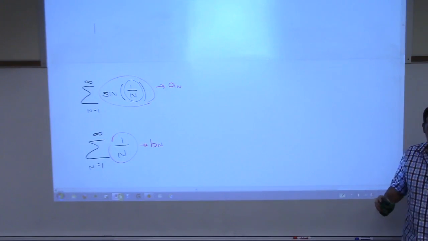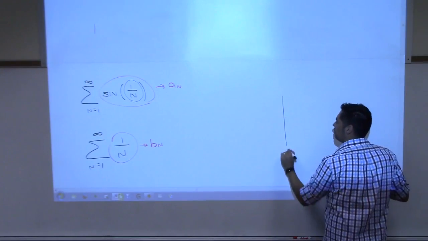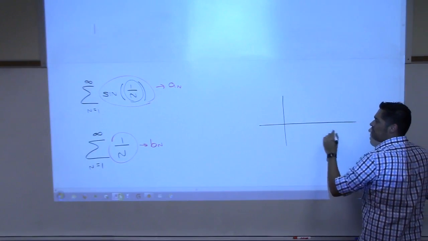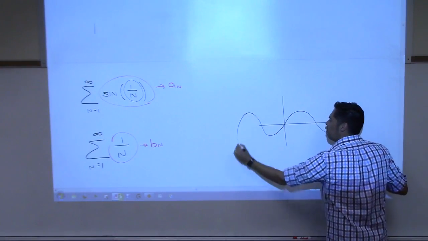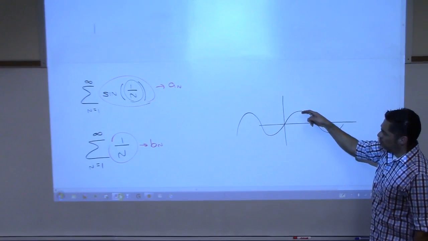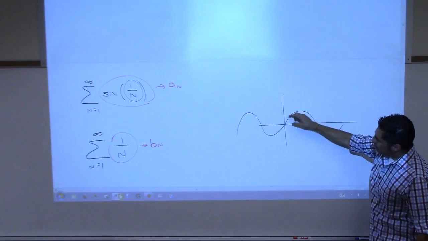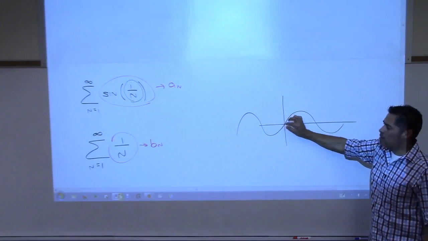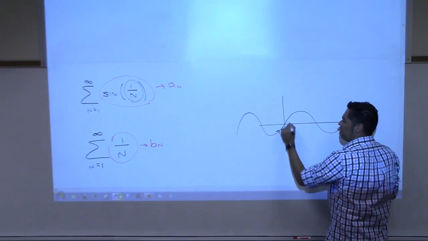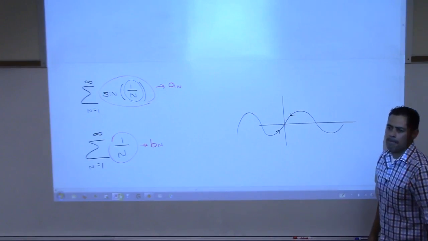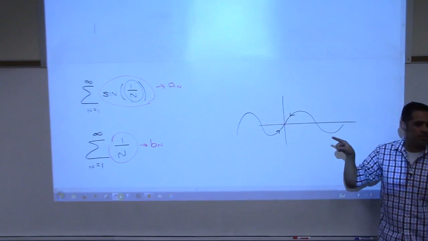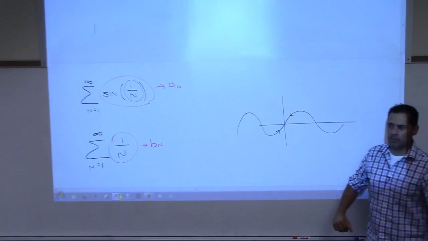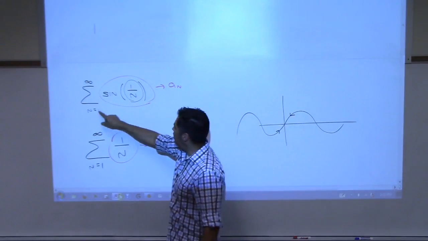So it basically looks like a sine curve that's headed towards 0. The question is, am I coming in from this side or this side? Are the things being plugged into that sine function positive or negative?